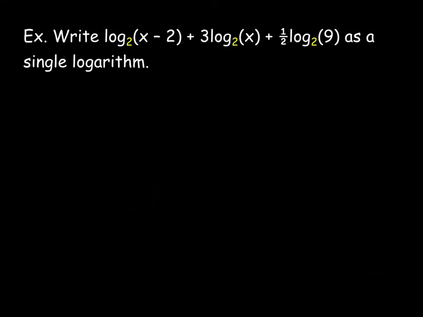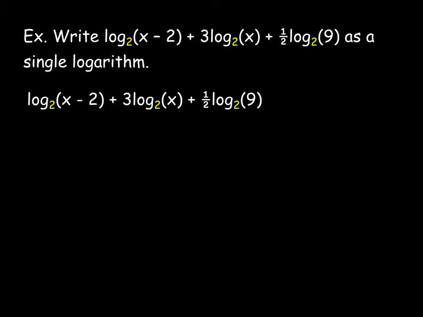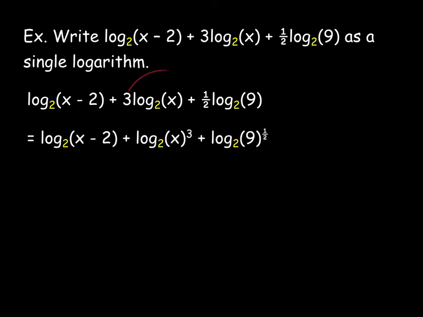Example: write the log base 2 of x minus 2 plus 3 times the log base 2 of x plus 1/2 times the log base 2 of 9 as a single logarithm. We begin by applying law number 7, rewriting coefficients as exponents on the arguments of the logarithms.